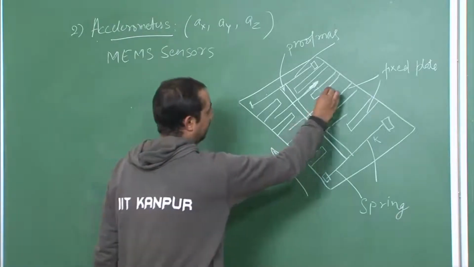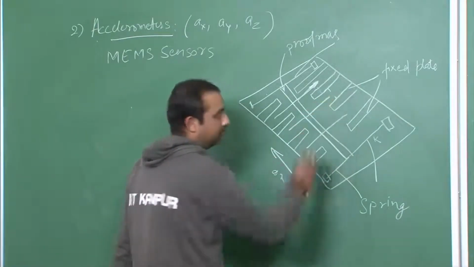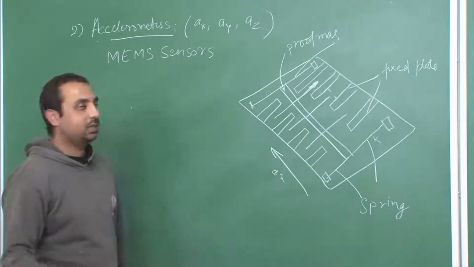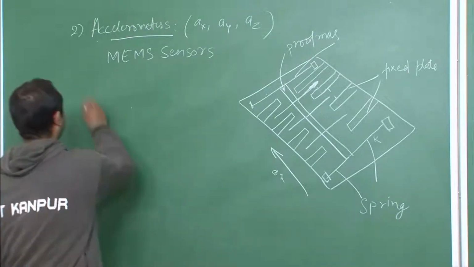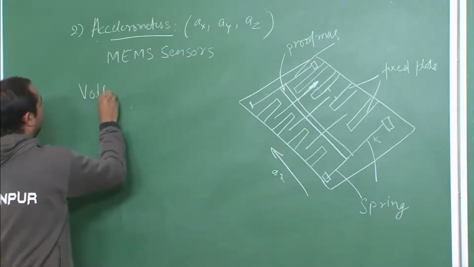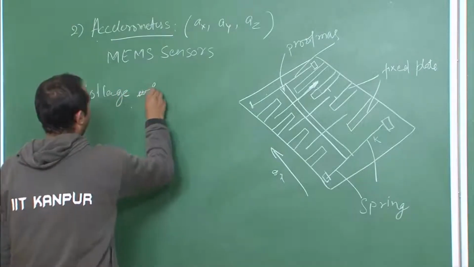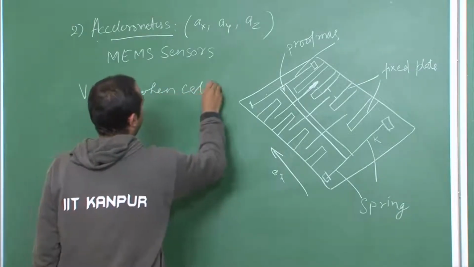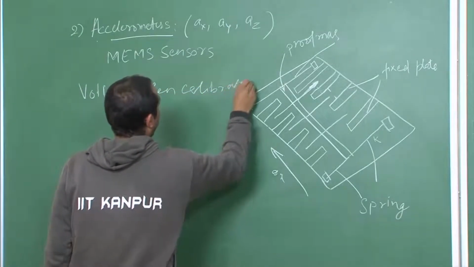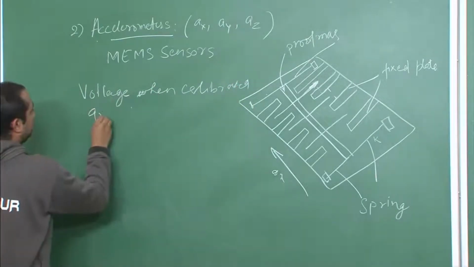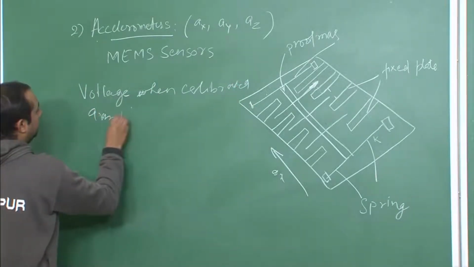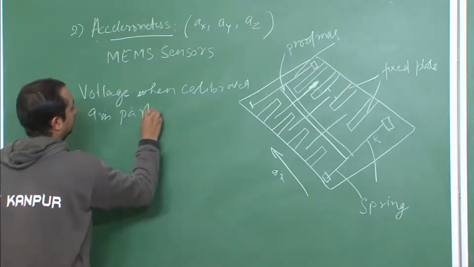So the capacitance between these plates will change, and corresponding to that capacitance you will get a voltage. These voltages when calibrated will represent your acceleration in a particular direction.